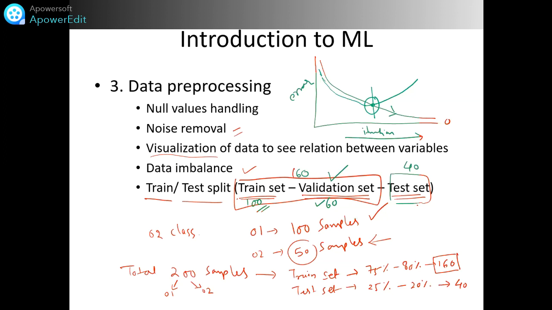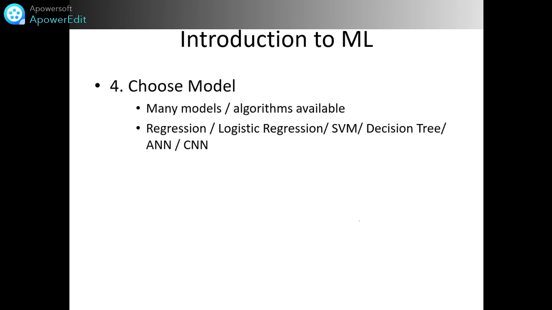Now after that, in the fourth step, we have to choose which particular model or algorithm we will use for building the machine learning model. Multiple options are there: regression, logistic regression, support vector machine, which we have already seen.